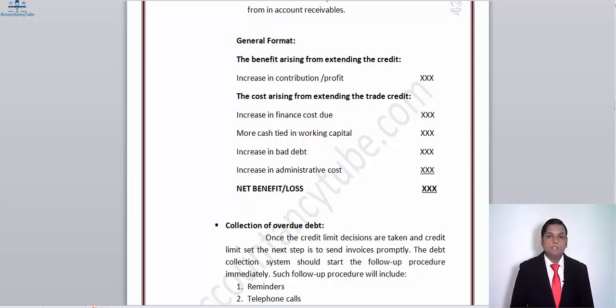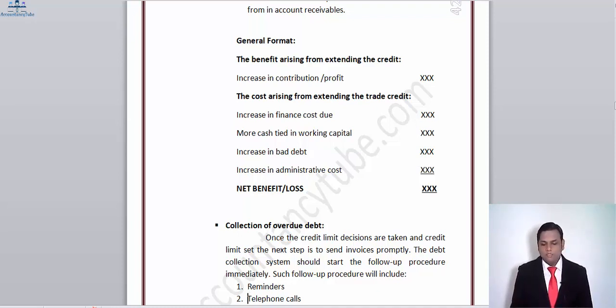We will be computing the finance cost using the receivable days formula. Then there is more cash tied up in working capital. If it requires additional investment, then that also becomes our cost. Then we have got increase in bad debt, the risk provision that needs to be increased. The risk provision of bad debt that needs to be increased will also be considered over here as part of a cost.